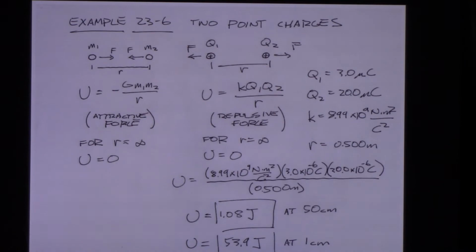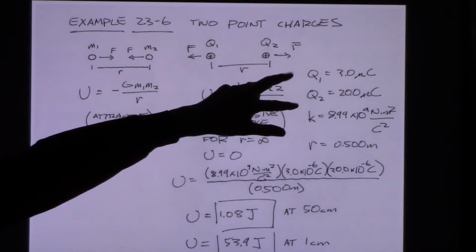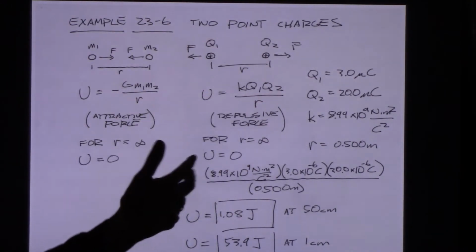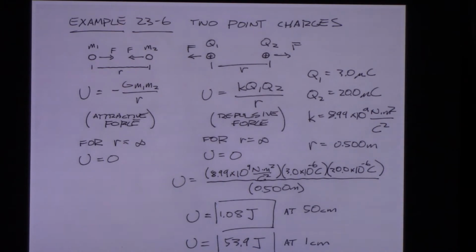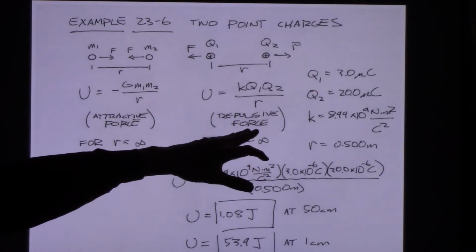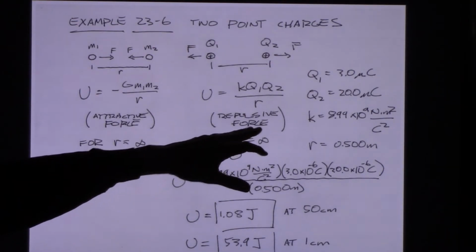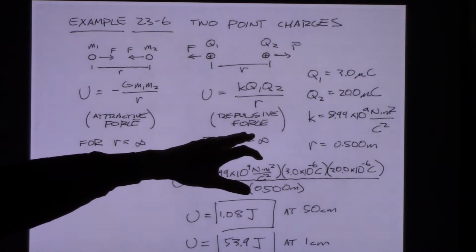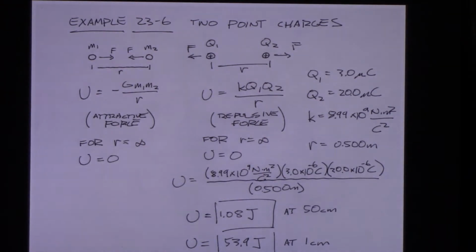So in the problem, they gave us the values of the two charges. They're both positive. Now they could have both been negative, and the problem would work out the same way. If one had been negative and one positive, then no longer would we have a repulsive force. We would have an attractive force, and the potential energies would be negative. Now, how am I going to keep track of all those signs?